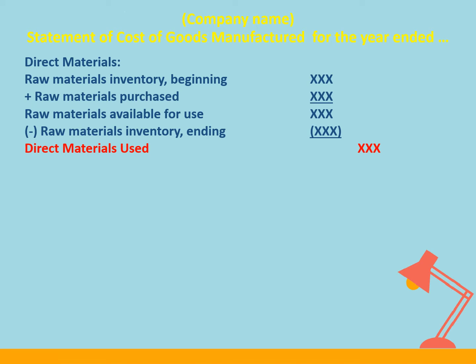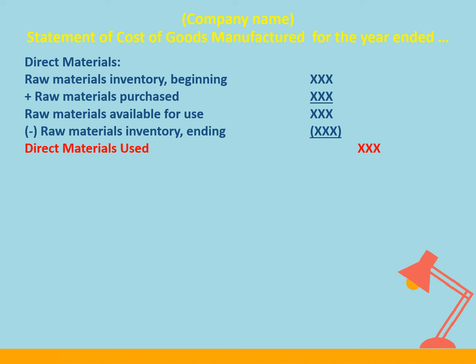Now let's have a look at the full format of the statement of cost of goods manufactured. We start by writing the company's name, the statement's name, and the period. Then we will write down the direct materials used.